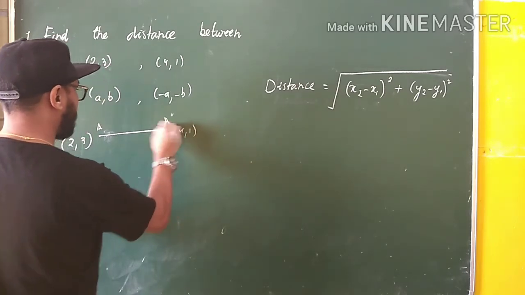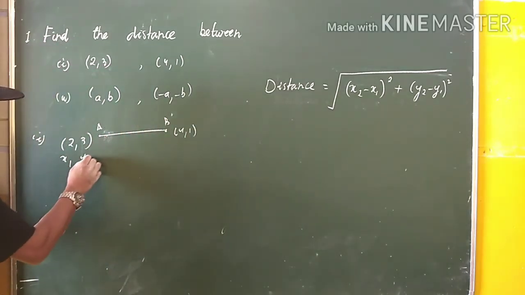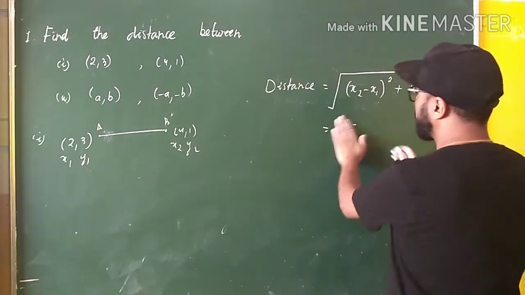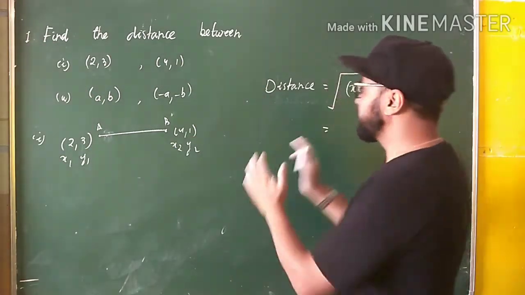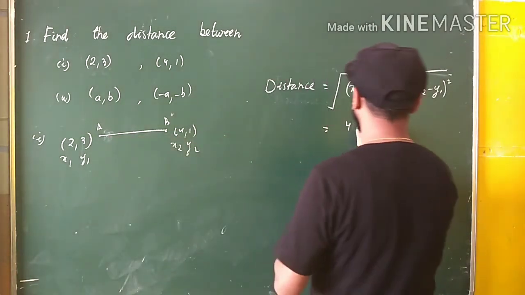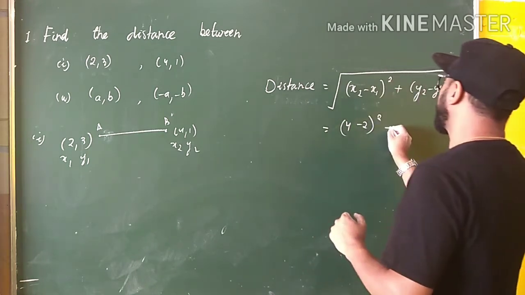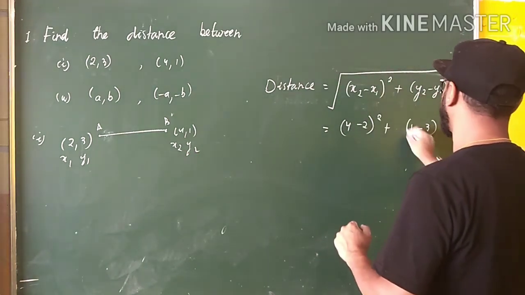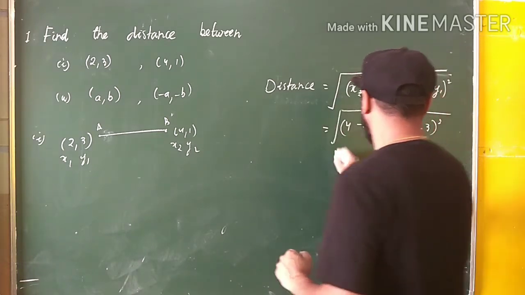Let's take this point as B. We know that we have to take it as x1, y1, x2 and y2. Now we know the formula, so we just need to substitute these values in the formula. Here x2 is 4 and x1 is 2, and y2 is 1 and y1 is 3. So let's do the calculation.